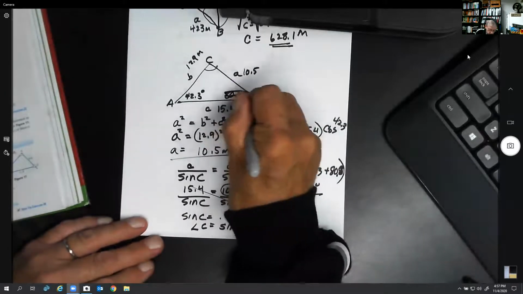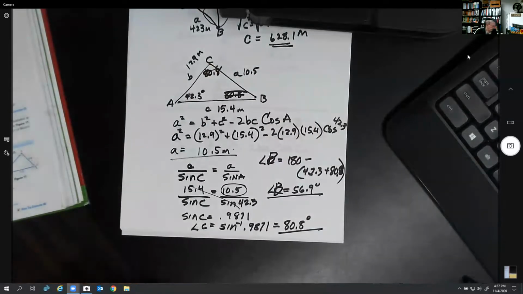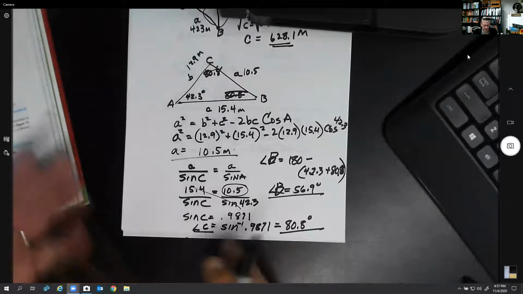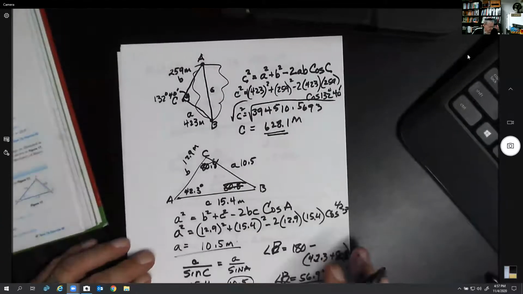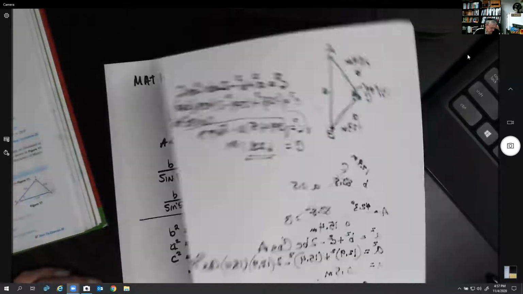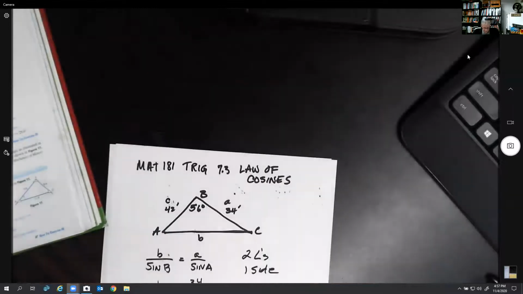Got messed up here. This should be 80.8. And now I found angle B. Sorry about that. This was angle C that we had solved. So, you know, I kind of rushed it, and that's the problem when you do a rush job. Sometimes you mess up. So you kind of get the idea.